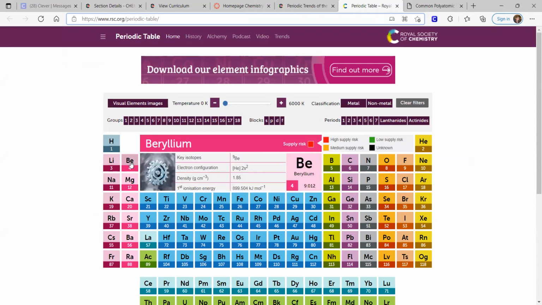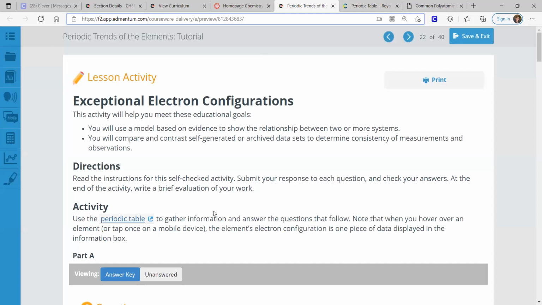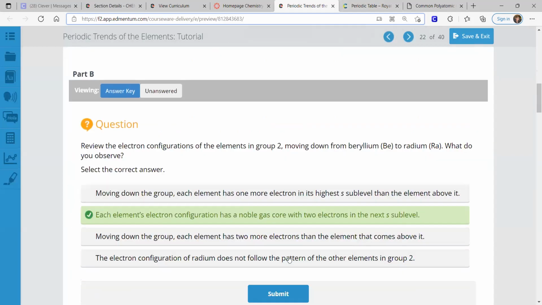Now we're going to look at beryllium and going down to radium. So we have 2s2, helium 2s2, and then neon 3s2. So it'll just have a noble gas and then s2, depending on the level. Not hard to figure out. See the trends. So that's why that answer is correct.